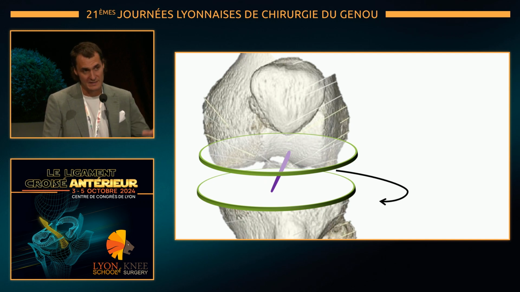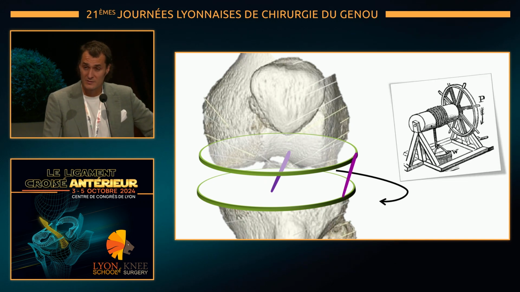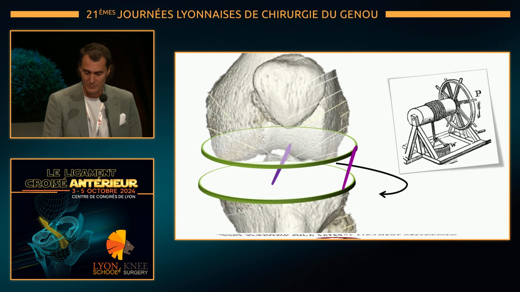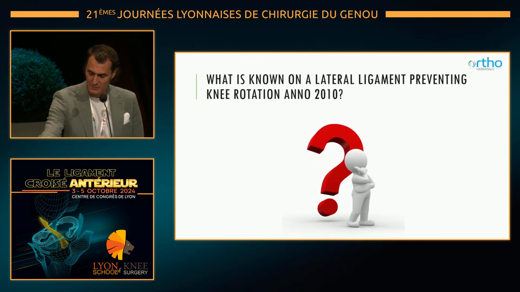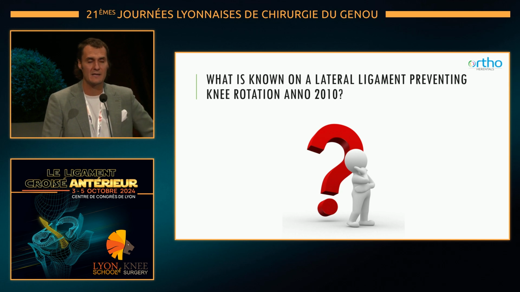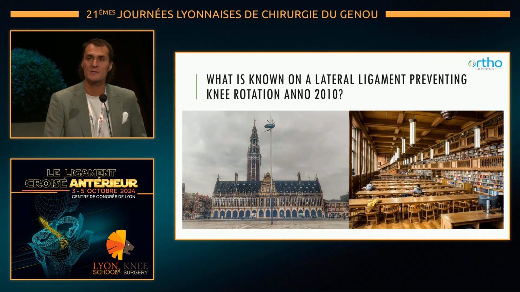A structure at the lateral side is just biomechanically far more effective, by the wheel and axle biomechanical principle. The only thing was that when we sat down and looked into our results and literature, we didn't really find anything known on a potential ligament sitting at this lateral aspect of the knee which could control rotation.